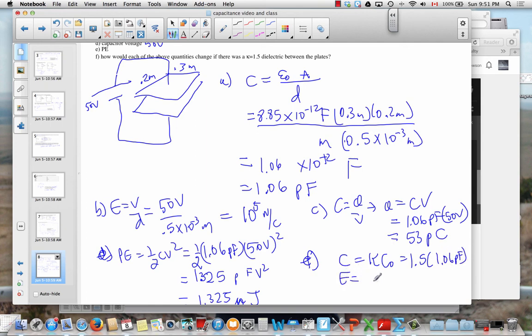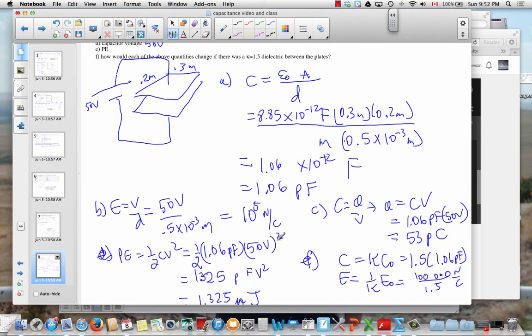The electric field gets smaller. So it was 100,000 or 10 to the 5. It's going to be smaller by a factor of 1.5. Because the capacitance is larger by 1.5, so will the stored charge. And then so will the energy be larger by a factor of 1.5.